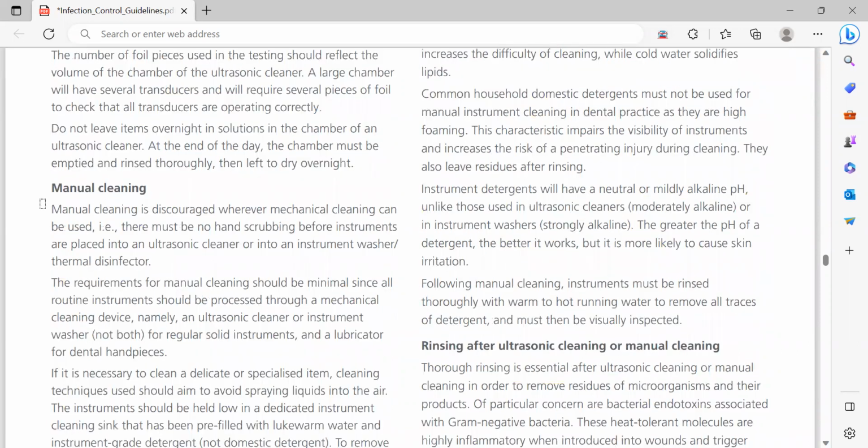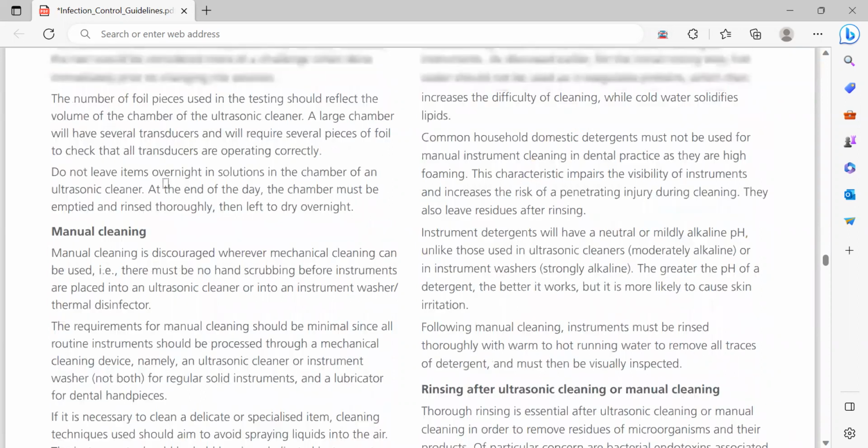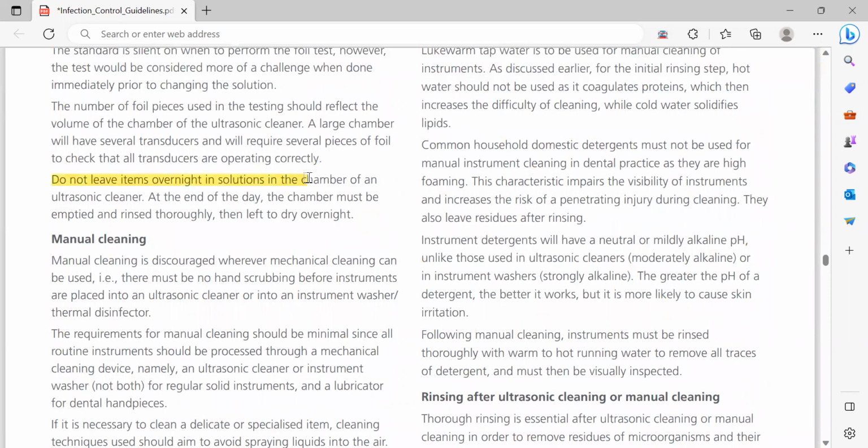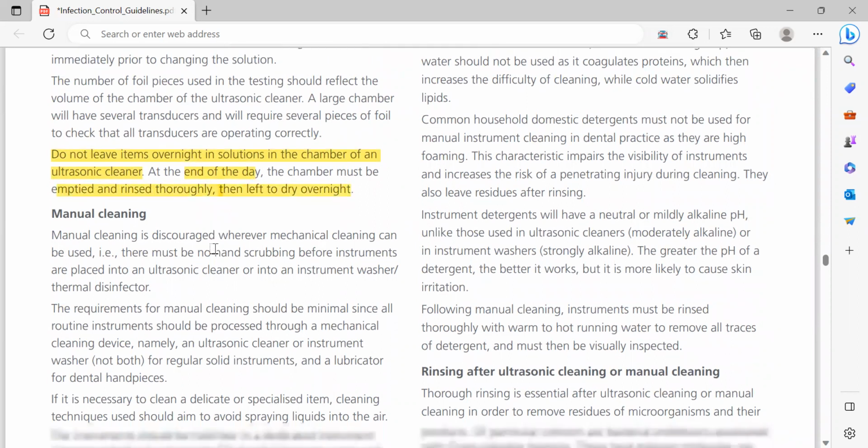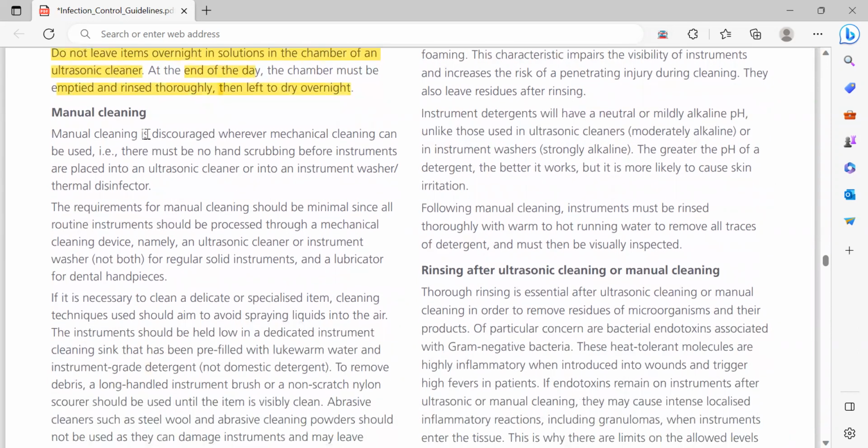Do not leave items overnight in solution in the chamber of an ultrasonic cleaner. At the end of the day, you need to empty the water and rinse it thoroughly, then leave it to dry overnight.